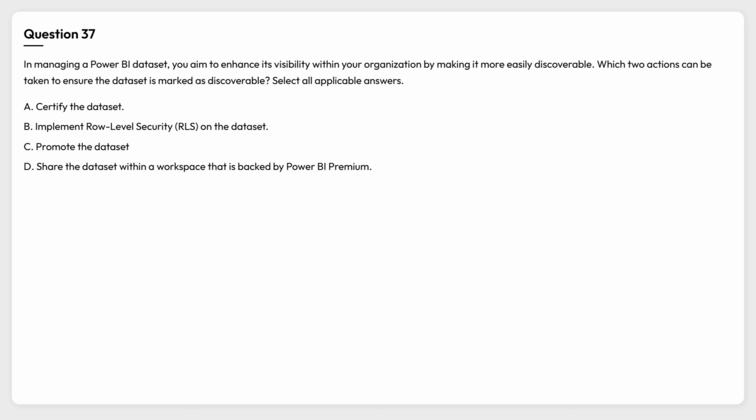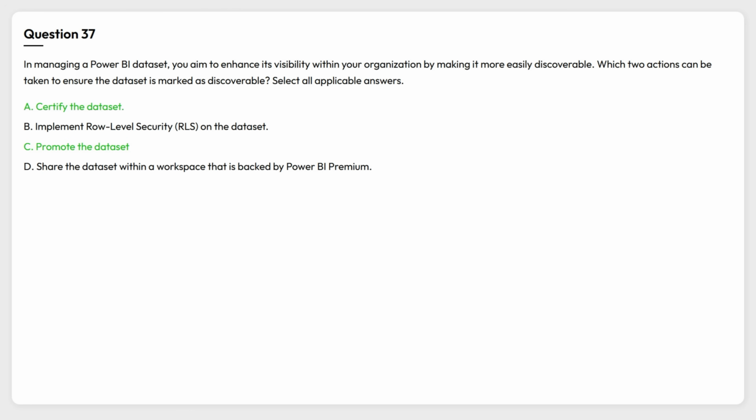Option A, certify the dataset. Option B, implement row-level security (RLS) on the dataset. Option C, promote the dataset. Option D, share the dataset within a workspace that is backed by Power BI Premium.